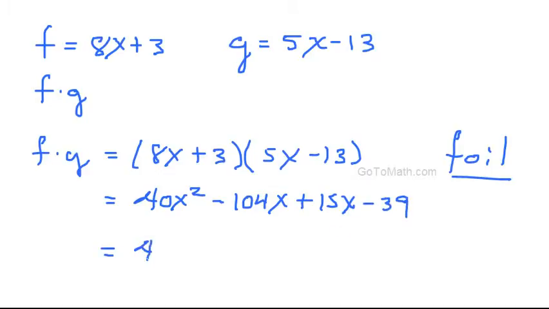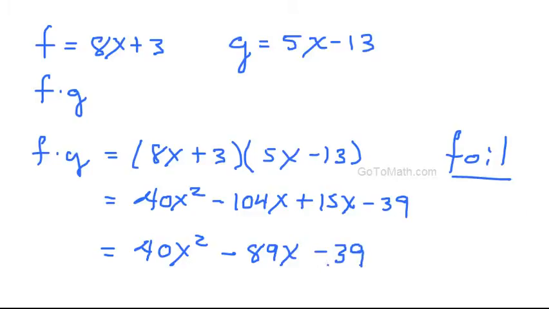Okay, so we have 40x squared. Now we have a negative 104 plus 15. Or you could say 15 minus 104. And I'm getting a negative 89 there. x minus 39. Okay.